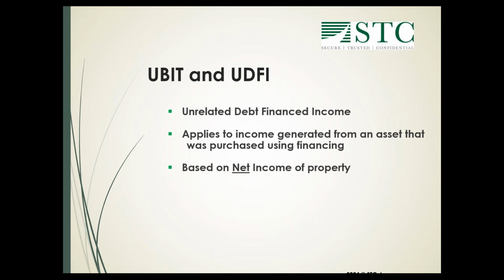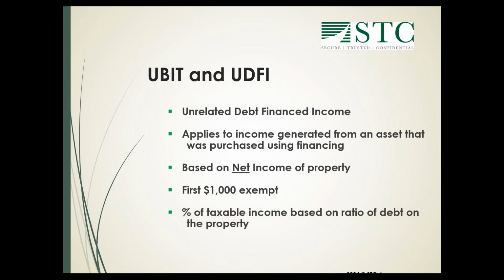Now, with UDFI, the tax is based on the net income of the property. The first $1,000 is exempt, and only a portion of the income is taxable. The percentage of taxable income is based on the ratio of debt on the property.